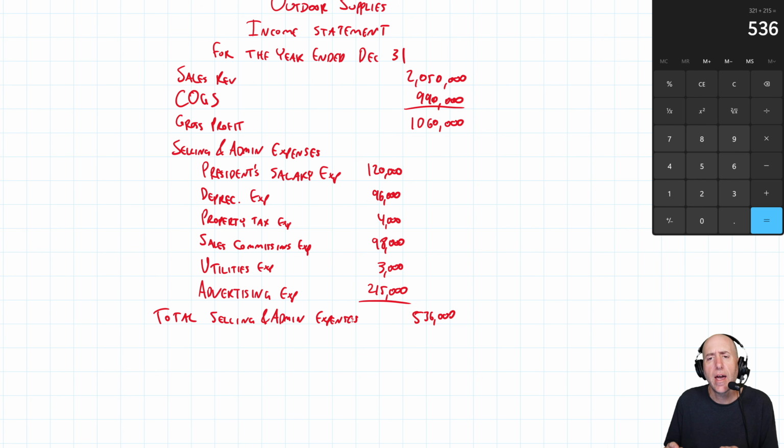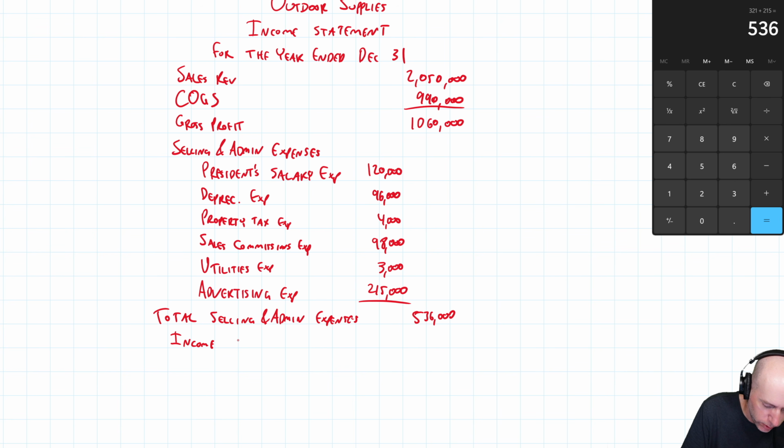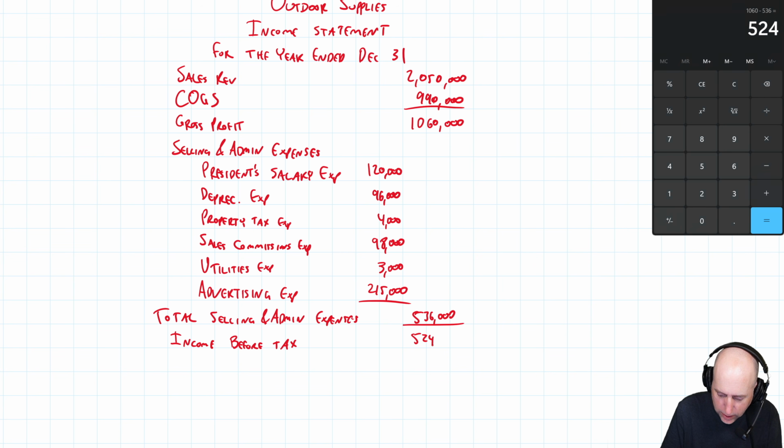It's amazing to me how frequently students miss this subtotal. Gross profit minus selling and admin equals income before tax, or pre-tax profit. So 1060 minus 536 is $524,000.